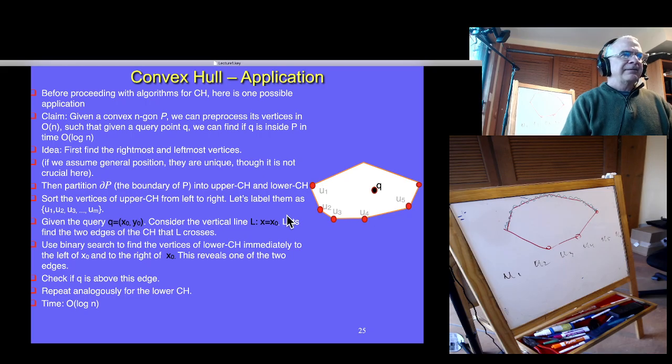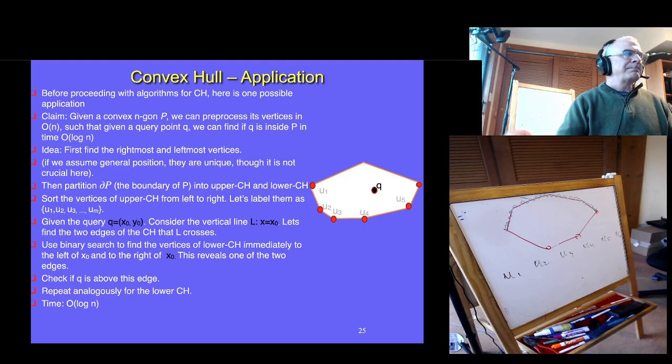And I'll do it in a very methodological way, step by step. You can definitely shortcut some of the steps that I'm doing here. I'll think about the vertical line L of all the points x such that x equals x0.